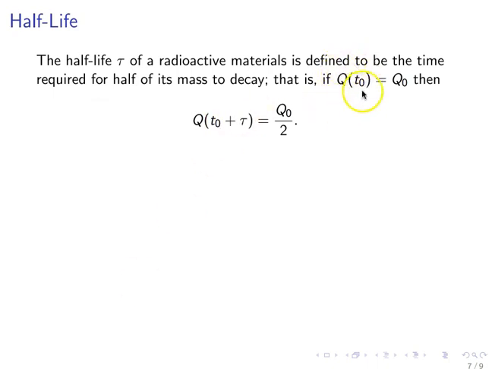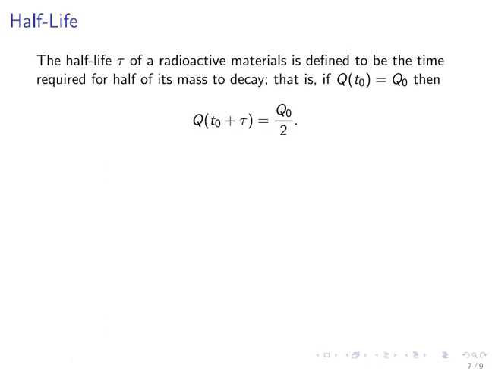So assuming that q is an exponential function of t, and assuming that we have an initial condition, initial amount of material q sub 0, the so-called half-life is the time that is required for the material to become half of what it was, right? So it is the time, say, tau units after the initial time t sub 0. So the amount of material at time t sub 0 plus tau is the initial condition divided by 2.